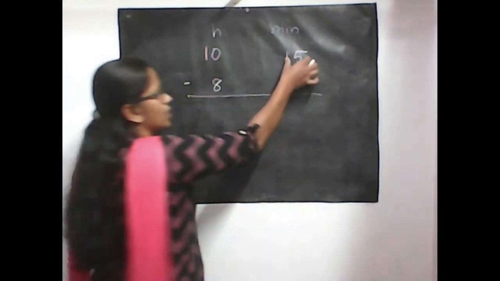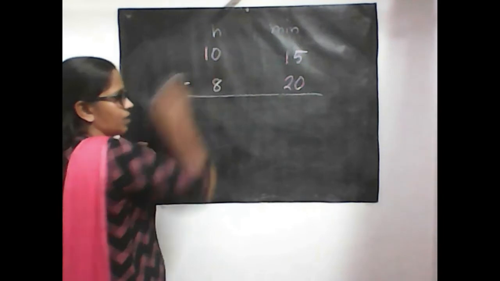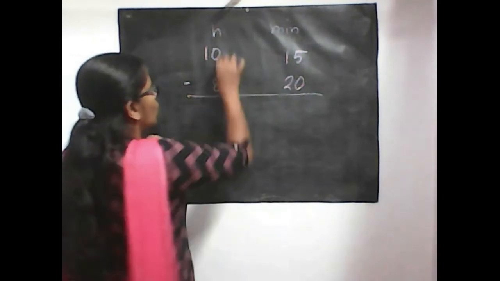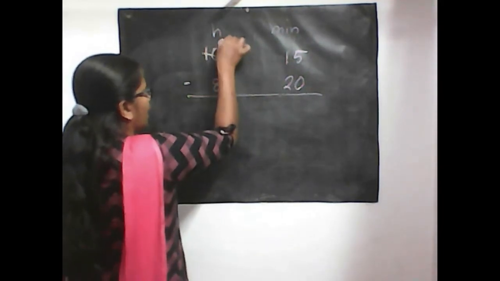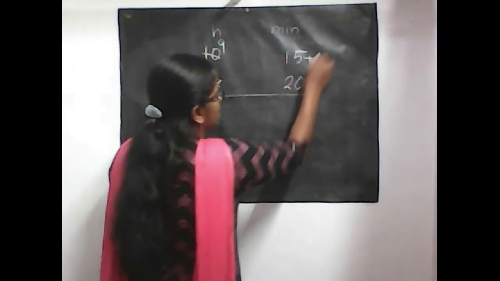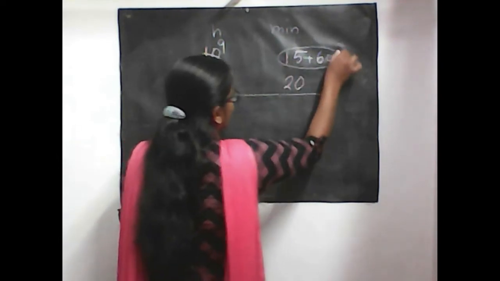So make this one larger by borrowing from 1 hour. Okay, borrowing 1 from the hour column. So taking 1 from here, from 10 I am going to take. So it will become 9. But when it comes to the minute column, it will be 60. Then put it in a circle.